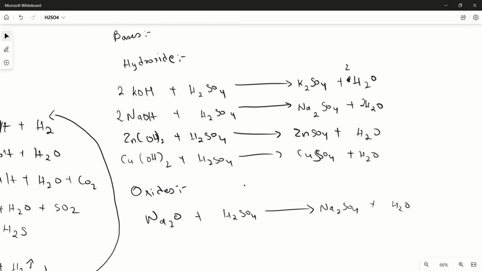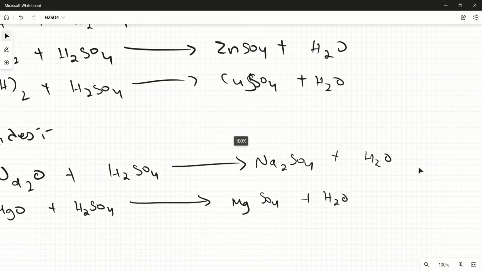Same as this. What else should we take? Let's take MgO. MgSO4 plus H2O. The reactions are pretty similar, but not the same.